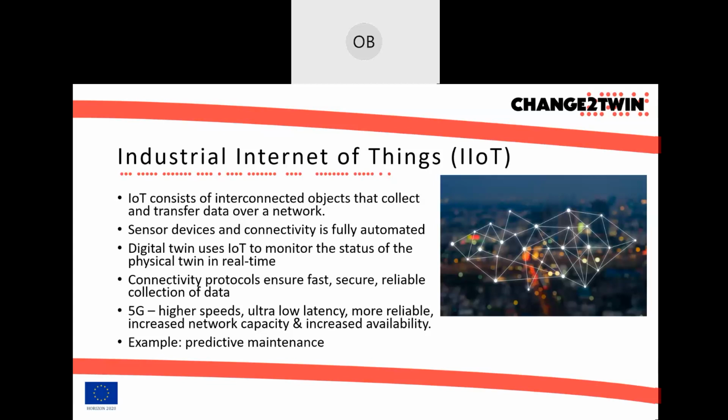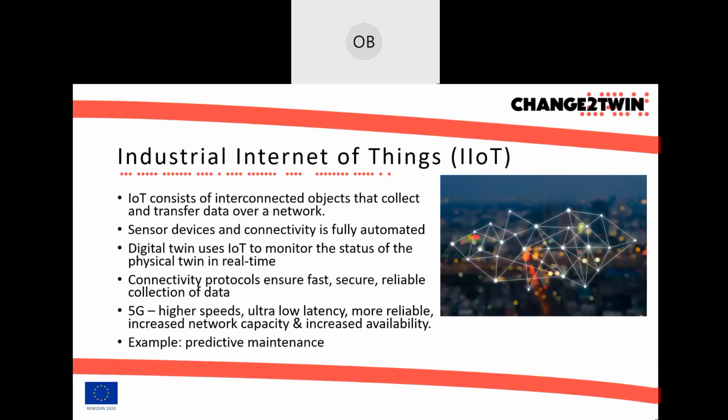So there are a number of communication protocols that exist to do this, including the ones we're all familiar with, such as Wi-Fi and Bluetooth, but there are many, many more. So the emergence of 5G is also an enabler for Internet of Things, providing higher speeds, ultra-low latency, increased network capacity, and increased availability.